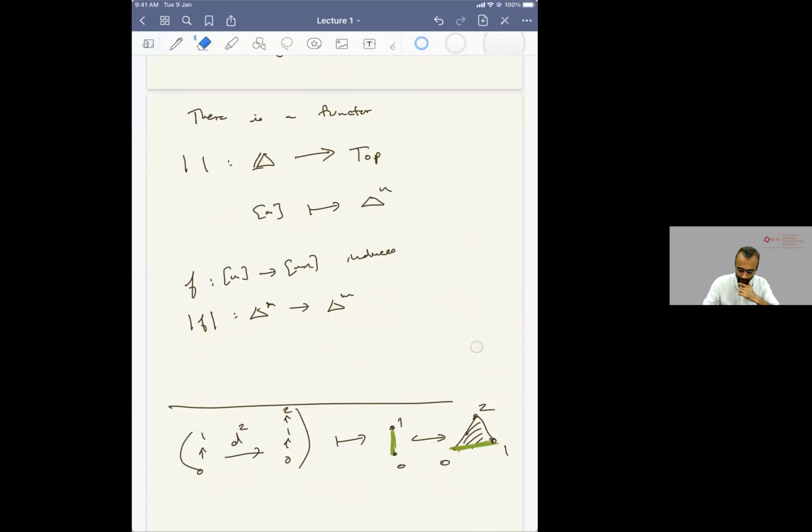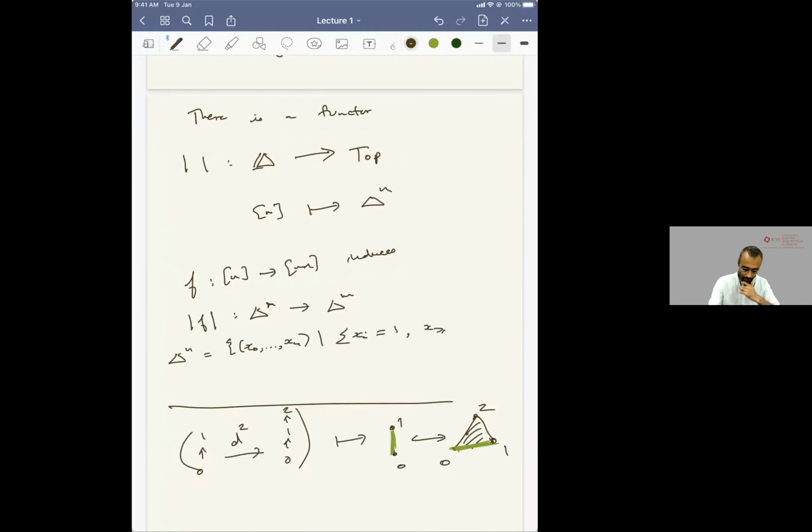So, okay, maybe I'm using this definition. I can also identify delta n with the set of x0 through xn, where the summation of xi equals 1 and xi is greater than or equal to 0.